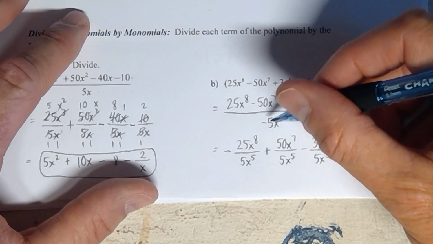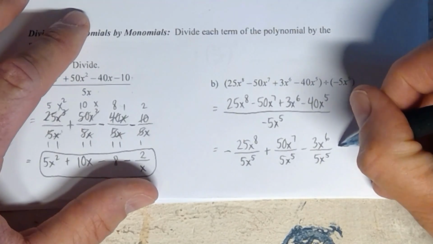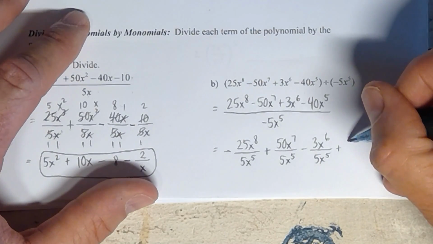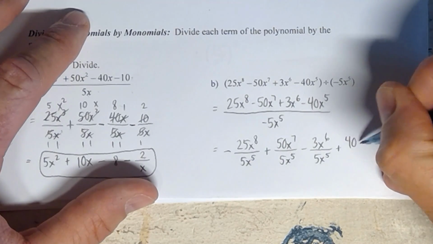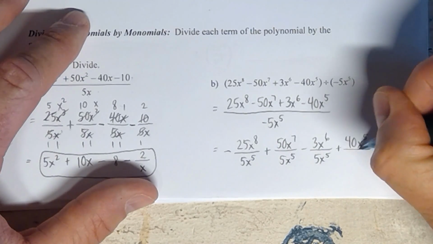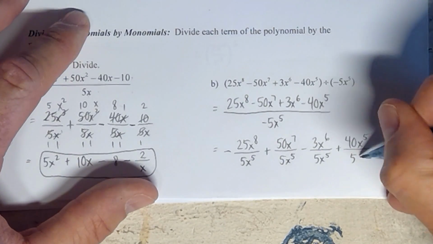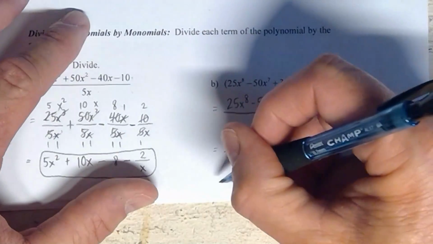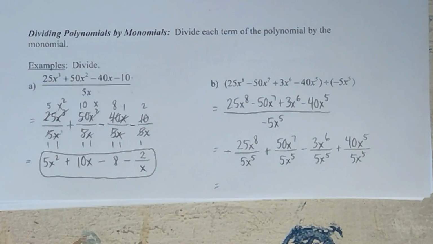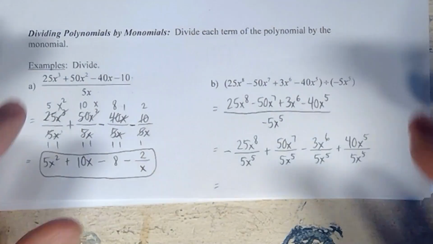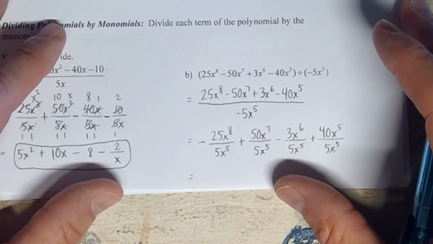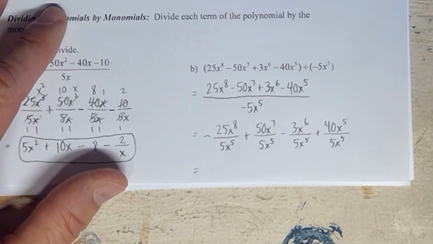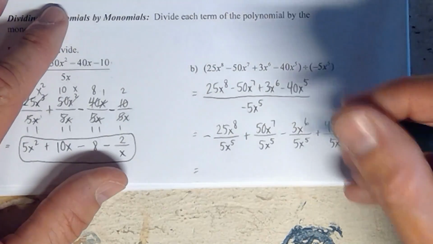And then finally we have negative divided by negative is positive, so I'm going to put the plus right there, like that. And then just like in the last problem, after you break it up into different fractions, you then put each fraction into lowest terms, exactly the same way we did in the last problem.